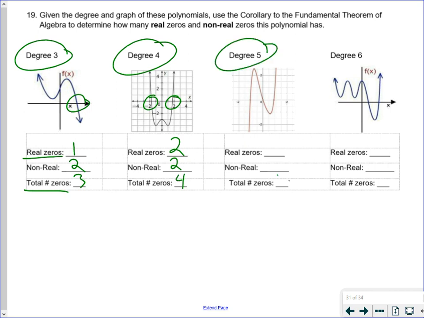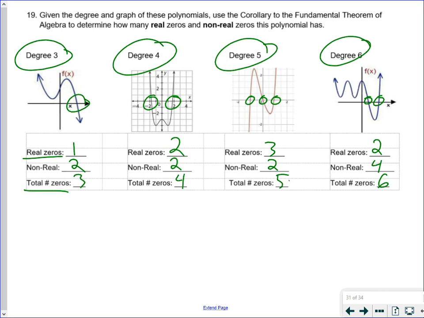Next, degree 5, 5 total zeros, 3 x-intercepts, so 3 real zeros, and that leaves us with 2 non-real zeros. Next, degree 6, 6th degree means 6 zeros. We have 2 x-intercepts, so 2 real zeros, and that leaves us with 4 non-real zeros.